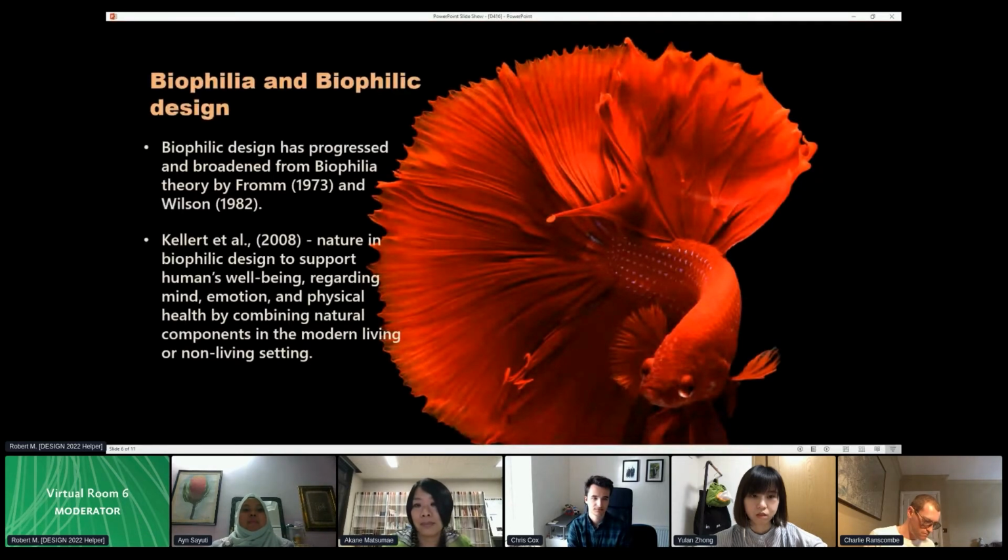Biophilic design has progressed from biophilia theory, which was coined by Fromm 1973 and Wilson 1982. Kellert 1994 discussed the advantage of being close to natural environments and human personal growth. Kellert et al. 2008 then introduced biophilic design to support humans' well-being regarding mind, emotion, and physical health in the environment.